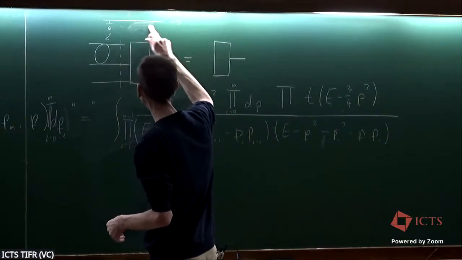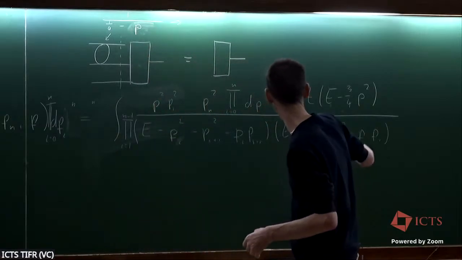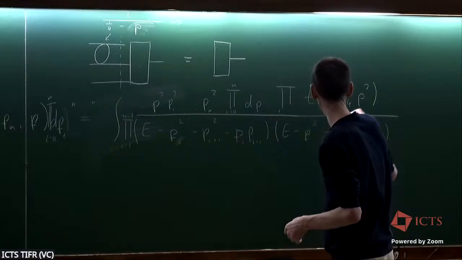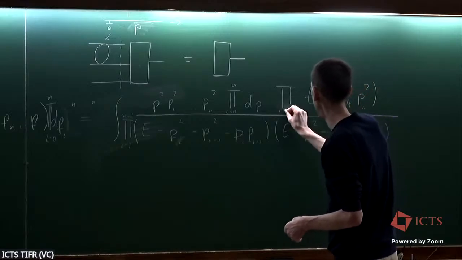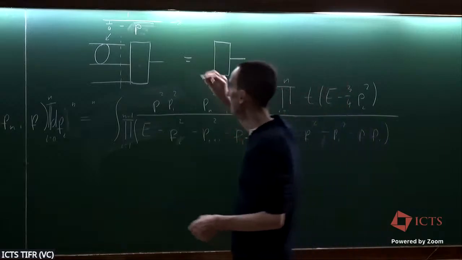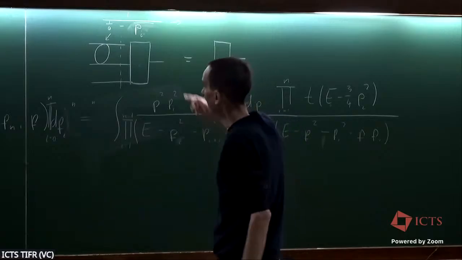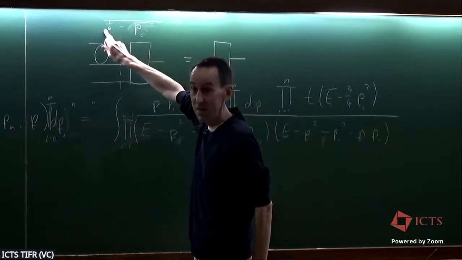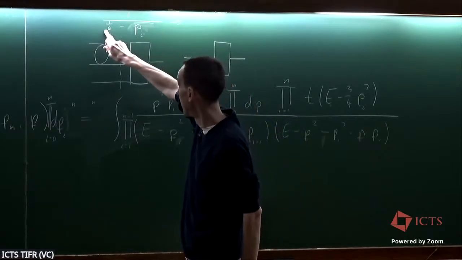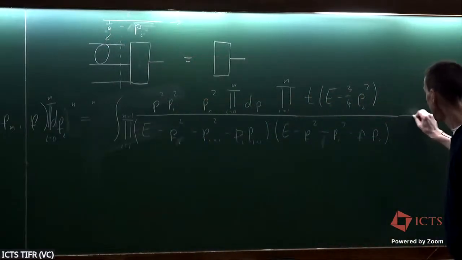So I get a P here, and here Pi to N. For each of the kernels, in the limit of A being very large or infinity, this brings me down in the denominator.